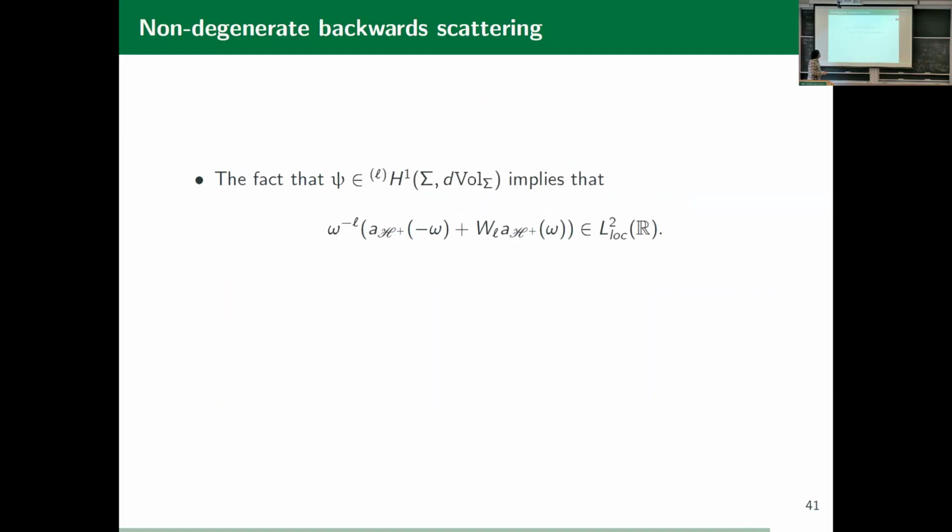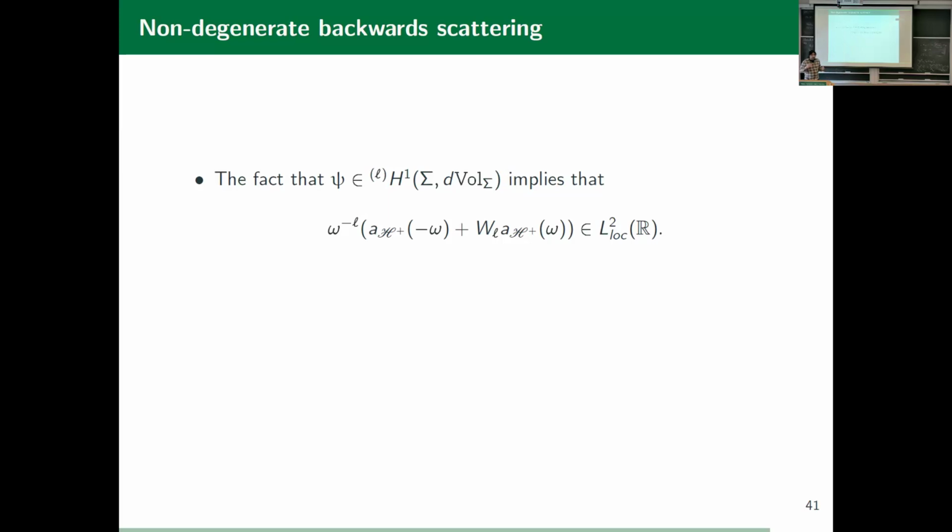Okay, but under this assumption, the criterion is this: I want omega to the minus L times AH plus WL H plus. So this is H plus at minus omega, H plus at plus omega. I want this combination to be integrable at omega equals 0. If this is the case, then what I can do, so this arises in forward scattering.